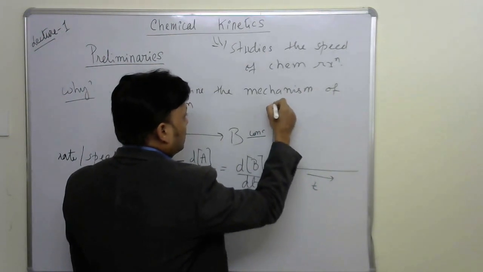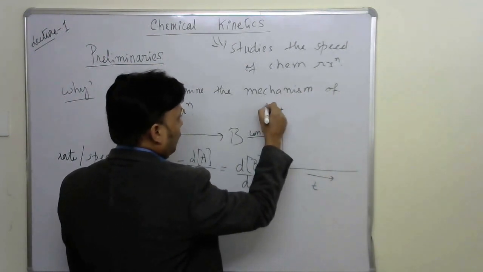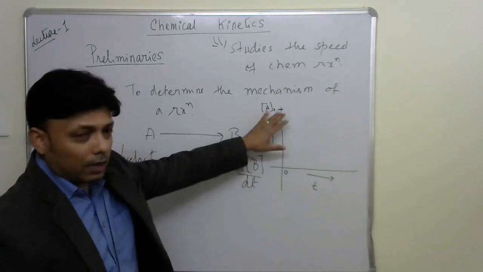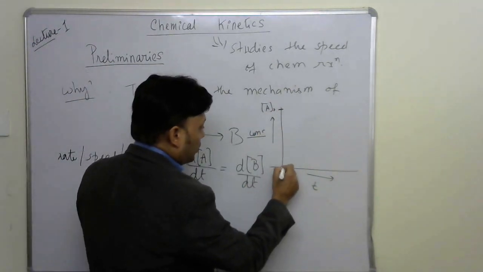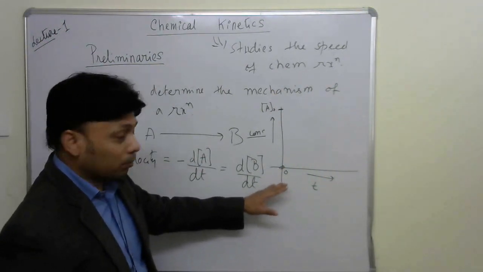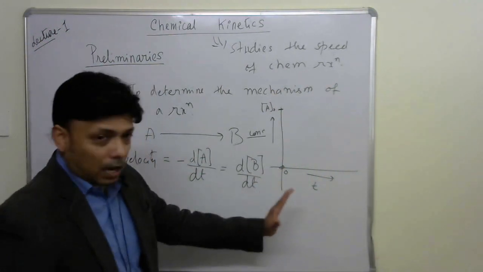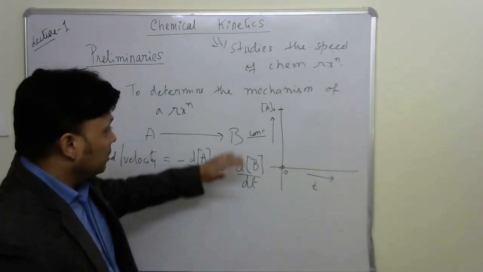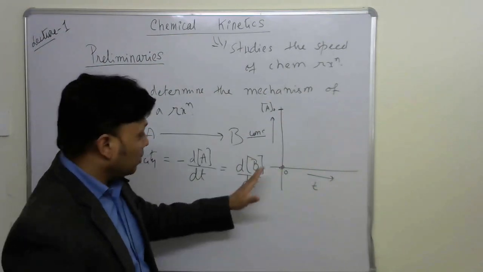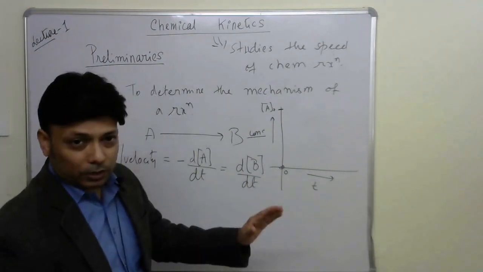At time t equal to 0, there is the initial concentration of A, which we call A naught, and B is equal to 0 because the reaction has not started and B has not been produced. As time advances, the concentration of A would decrease and the concentration of B would increase.